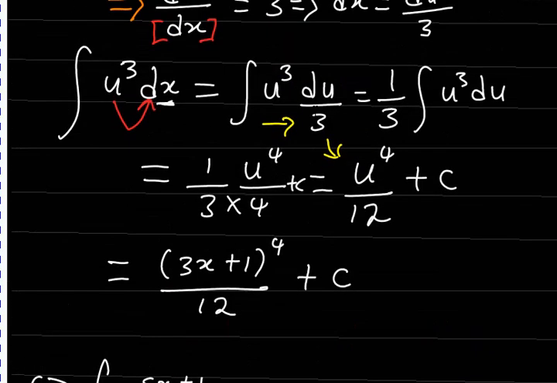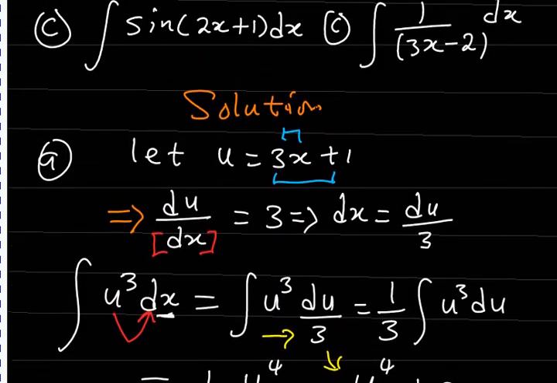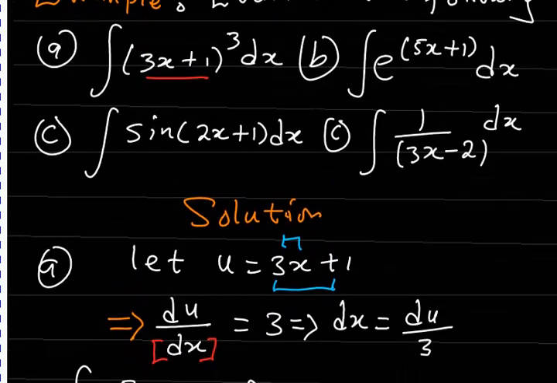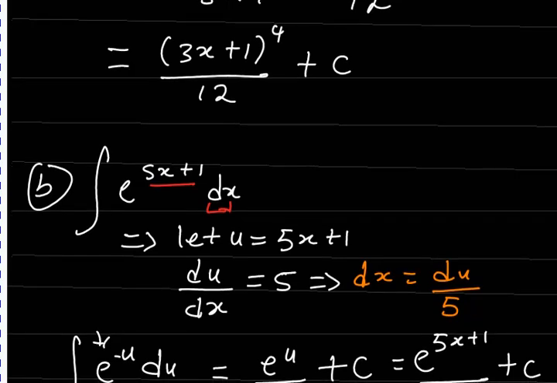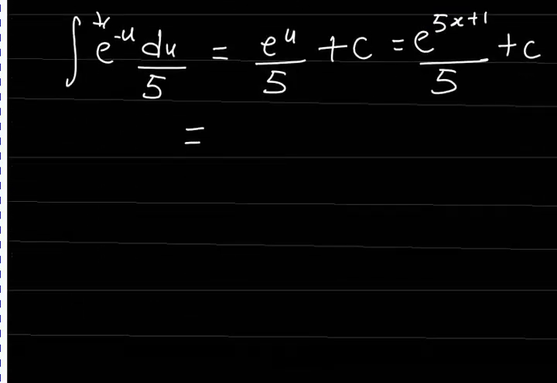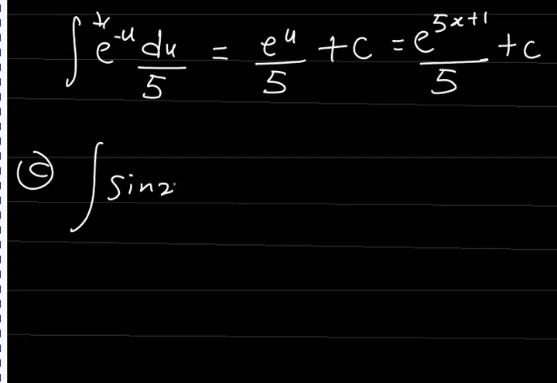All right, let's look at C, sine of 2x plus 1. I'm very sure that you'll be able to do this. C is the integral value of sine, bracket open, 2x plus 1, with respect to x.